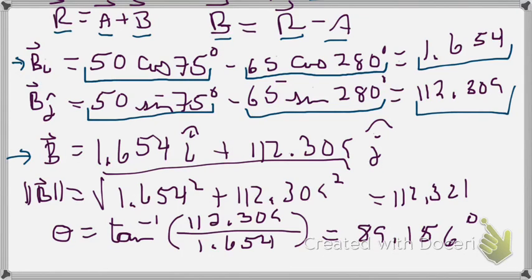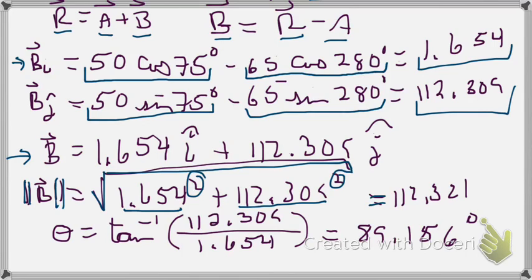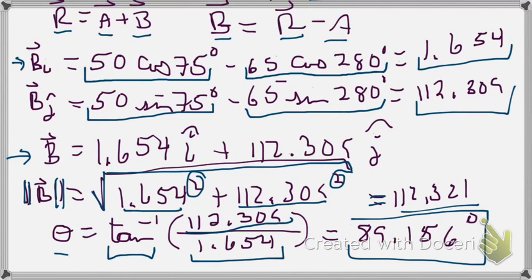Now to find the magnitude of B, it's the square root of the I component squared plus the J component squared, and when we do that, it's 112.321. That's the magnitude of B. Now the direction, the angle, is the inverse tangent of the J component divided by the I component, and that's 89.156 degrees.